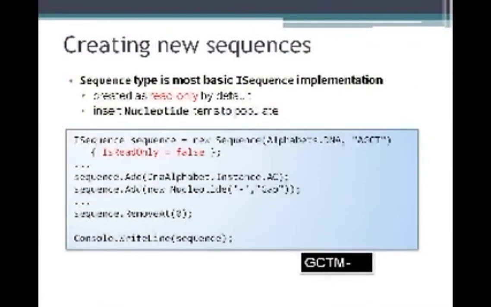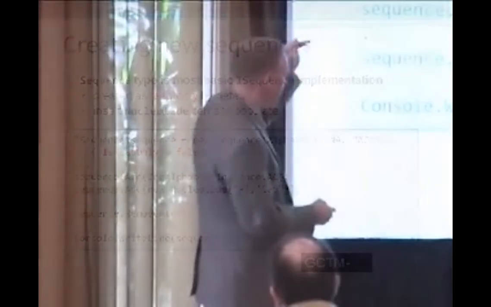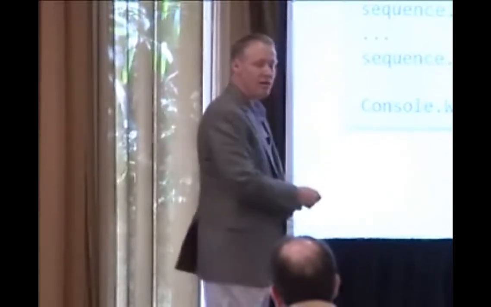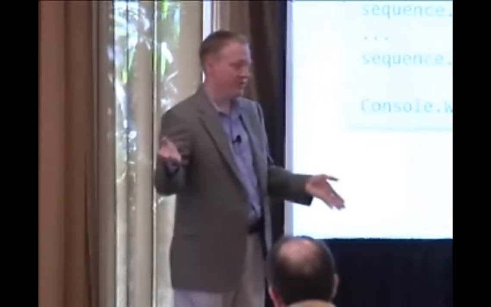Okay, so here's an example of creating a new sequence. If you want to build sequences yourself, you can do it simply by creating a new sequence object. Notice the supplied parameters here. We have to give it an alphabet, and then we can give it a string, which represents the set of data that we want to load the sequence with. By default, when you create sequences, they are read-only. Okay, so they are not modifiable by default.